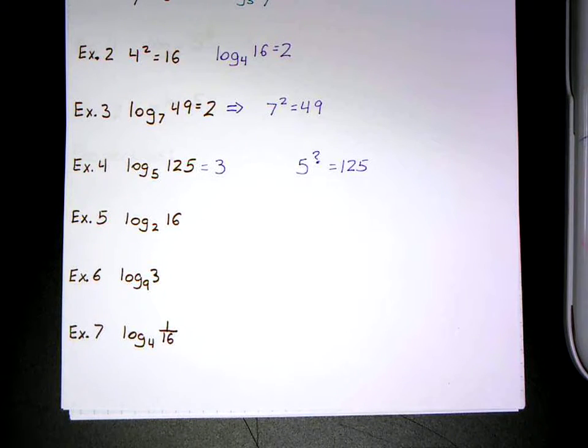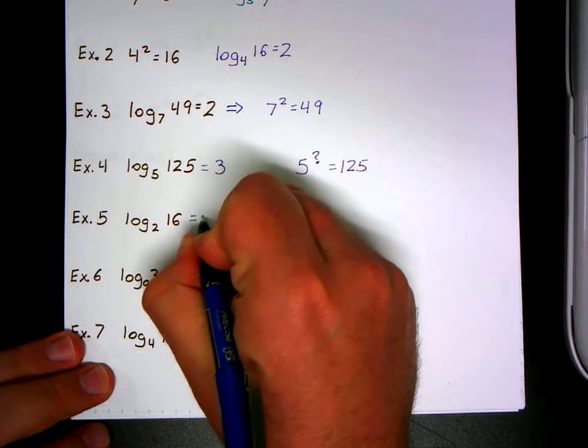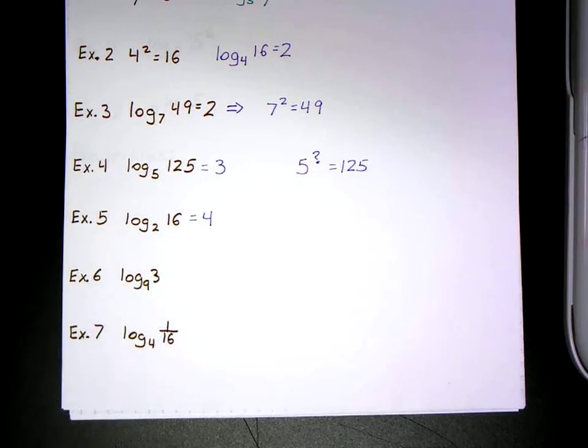So the number 5 would be what? So 2 to the 4th. So if I had log base 6 of 36, what would that be? 2.